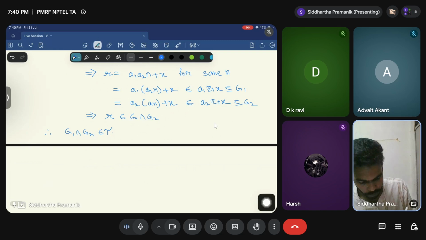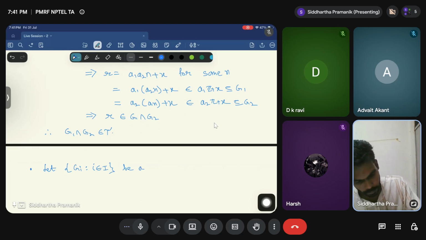Okay. Now closed under arbitrary union. So let Gi, where i belongs to the index set I, be such that Gi belongs to tau for all i.